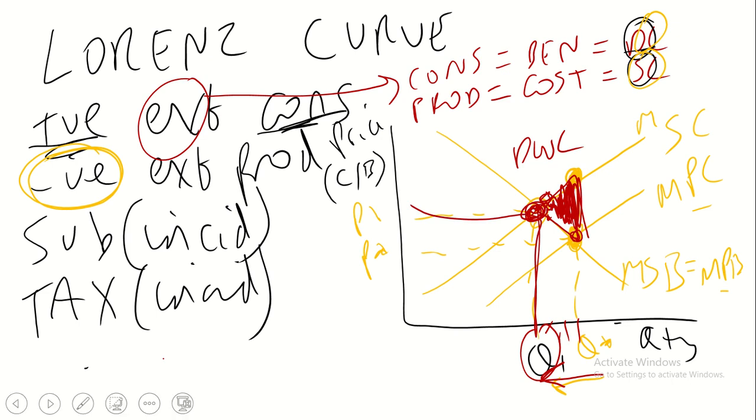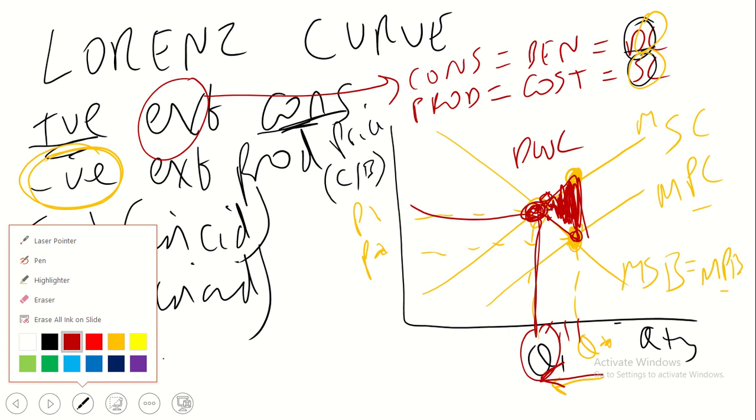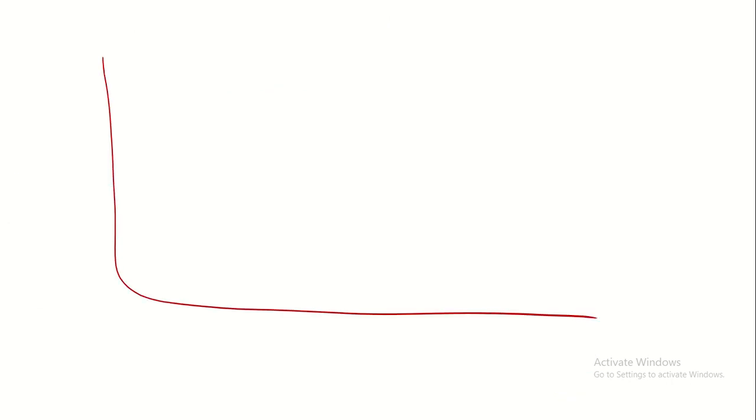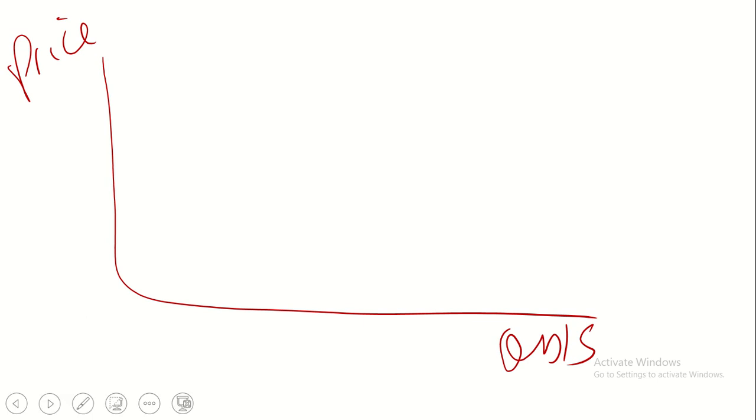Subsidy incidence. I'm going to actually take a completely new page here, if that's all right, so we've got a bit more room. Price, QD/S. Let's go actually with the incidence of an indirect tax first. A good diagram to be able to draw for this one is obviously if it's on something like cigarettes. So cigarettes have a fairly inelastic demand, as you can see there.